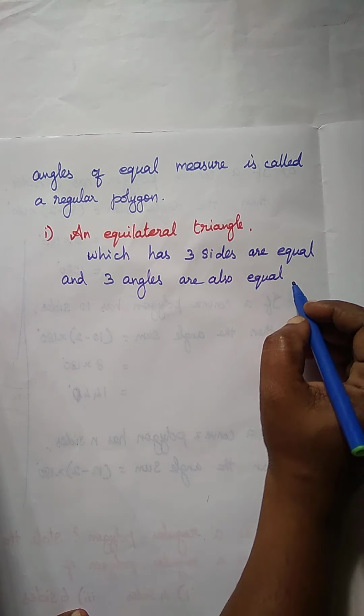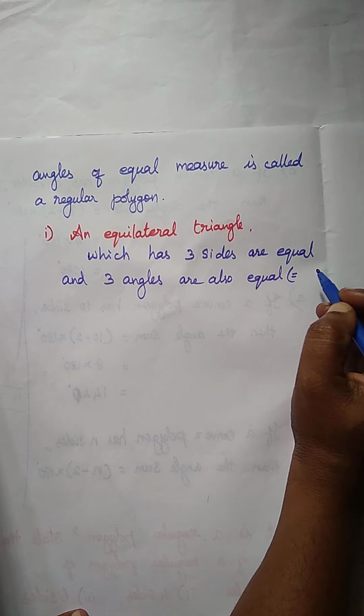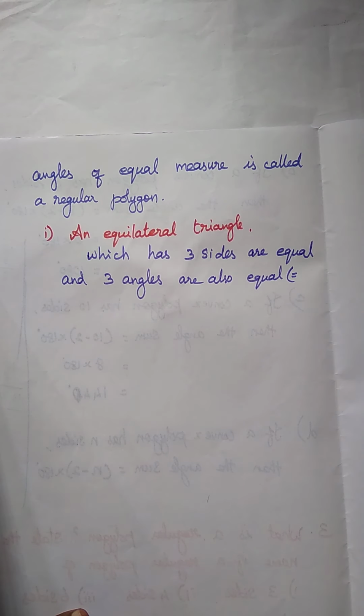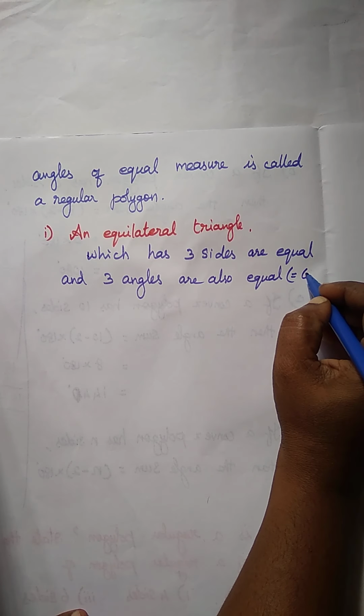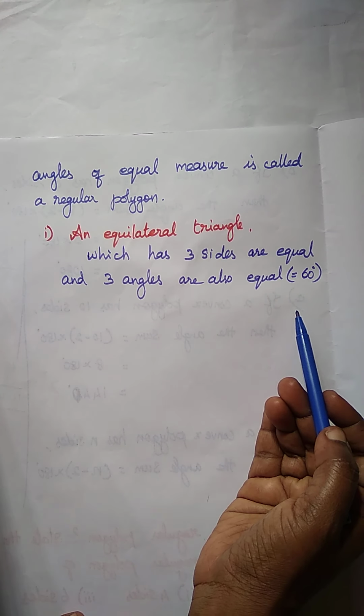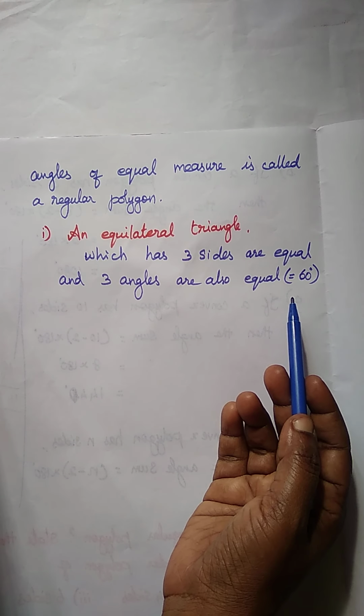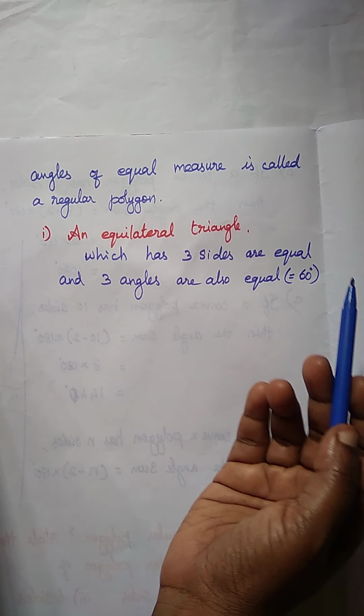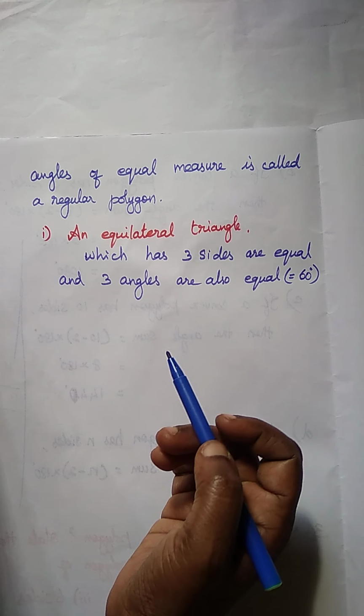So what is the angle of each? That is 60 degree, because the total angle of a triangle is 180 degree, we know. But 60 into 3, when we apply, we get 180. So all the angles are 60 degree and all the sides are equal.